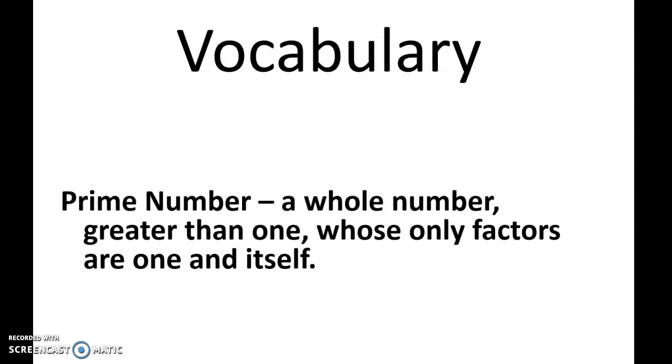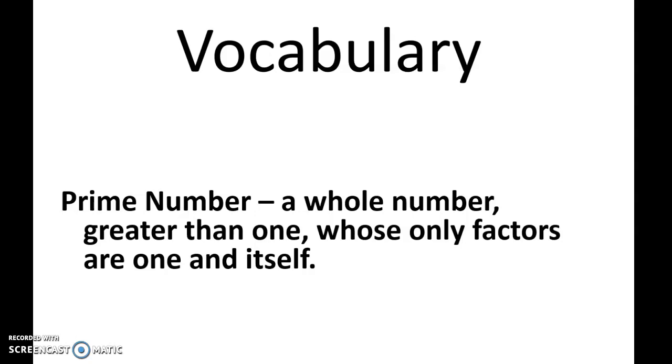Some vocabulary. A prime number is a whole number greater than 1, whose only factors are 1 and itself. We talked about prime numbers a lot when we did simplifying radicals, and we did prime factorization. So some examples of prime numbers, I want you to write some down. The obvious ones that you guys know of.